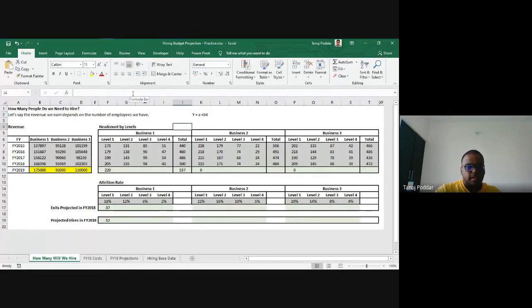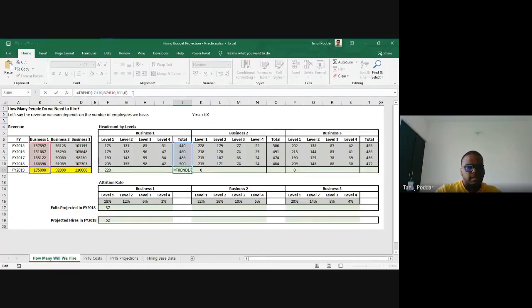I think you would have had this in your basic statistics course, which is called linear regression. So I'm just trying to apply the same thing. It could be any kind of relationship which fits well, but I'm going with a simpler one, which is TREND. So TREND is a function which helps us do this.